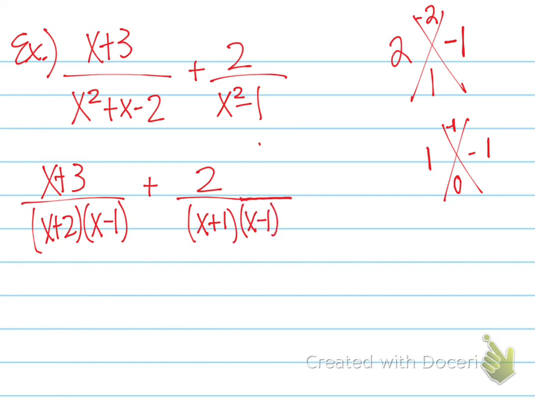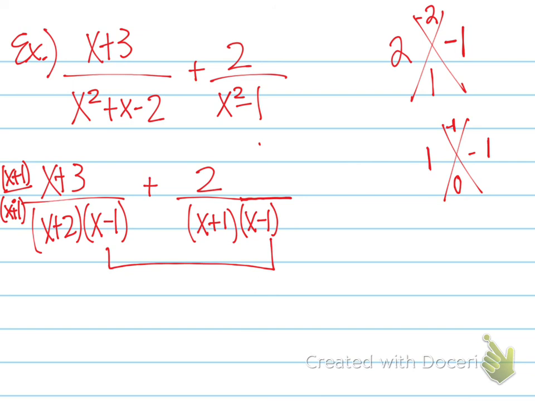Now, this is one you have not seen. What is the only thing you have in common on the bottom? These x plus 1s. So, the left side is missing x plus 1 on the top and the bottom.